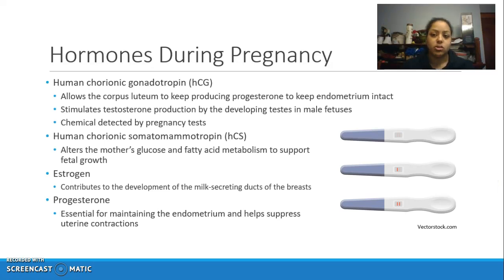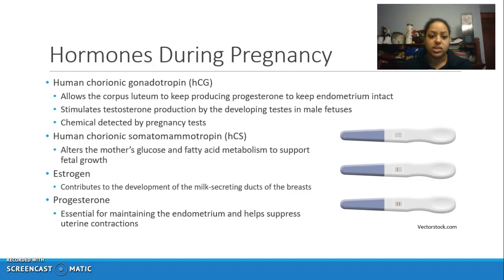Next, we will look at the hormones that are produced during pregnancy. The first one we will look at is human chorionic gonadotropin, or HCG. And this hormone allows the corpus luteum to continue to secrete progesterone, as well as keep the endometrium intact. It also stimulates testosterone production by the developing testes in male fetuses.